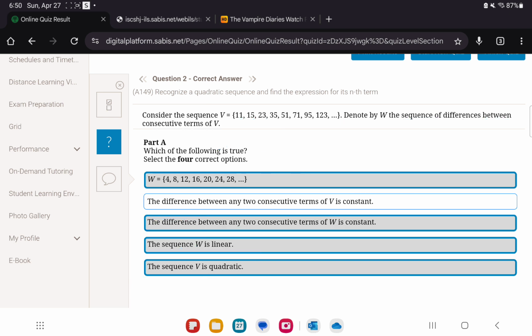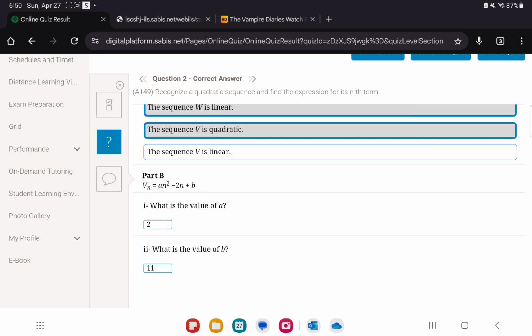Now, second part B, they're only asking you to solve for the equation, okay? The first term, a1, we're actually going to need it.